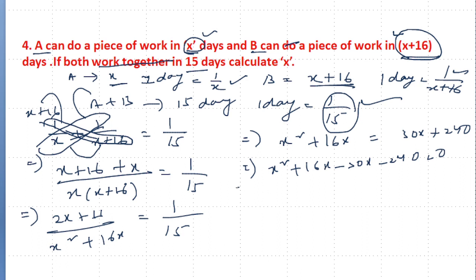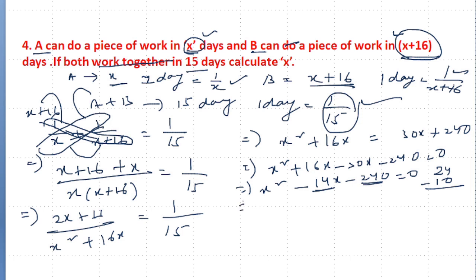Now x² minus 14x minus 240 equals 0. Now split this 240, because it will come A into C. Now split what will come? That is 24 and minus 10.